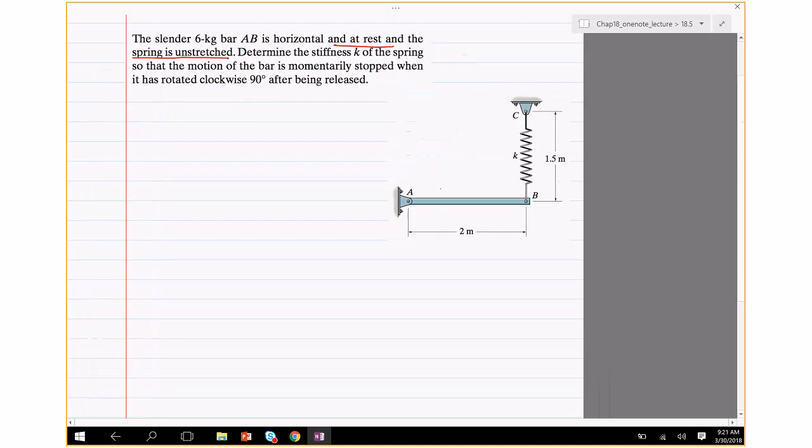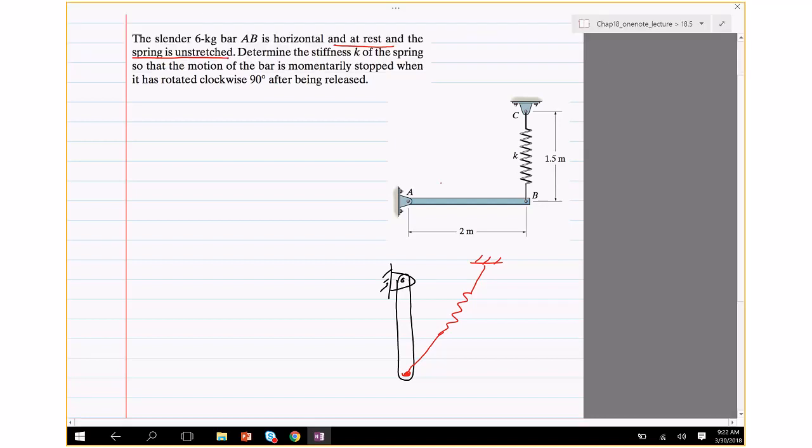So this is the initial position. Finally, we would have something like this. The rod is vertical, the spring is stretched, but it's at rest.